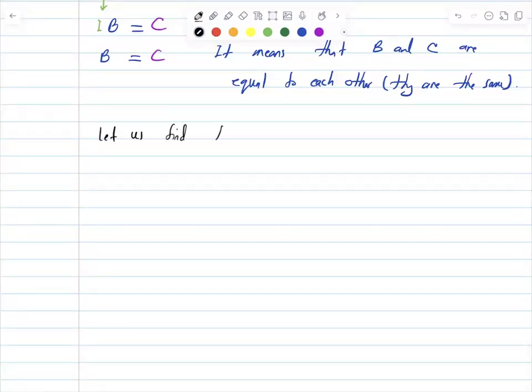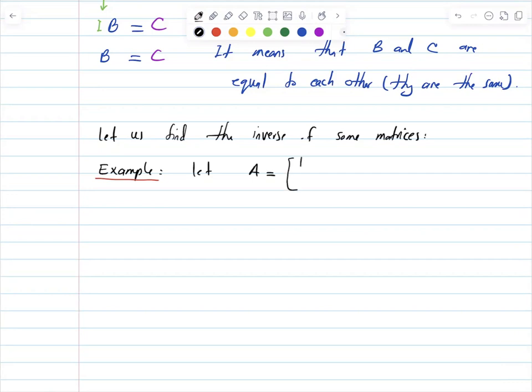Let us find the inverse of some matrices. Example. Let A be the matrix with rows 1, 4 and -1, -3. Our goal is to find the inverse of this matrix.